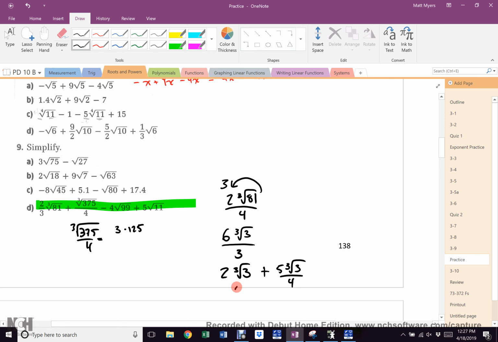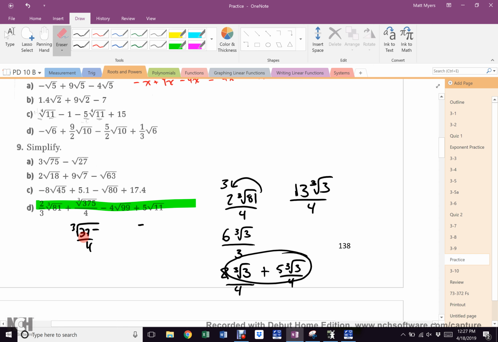So this becomes 4, and this becomes 8. What is 8 plus 5? So I have 13 cube root 3 over 4. Right? Now, you can see that cube root 81 and cube root 375 gave me like terms, correct?